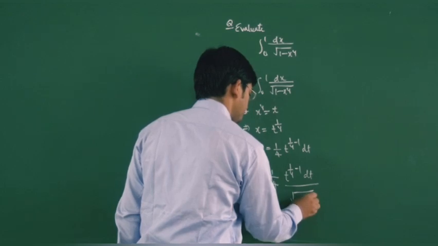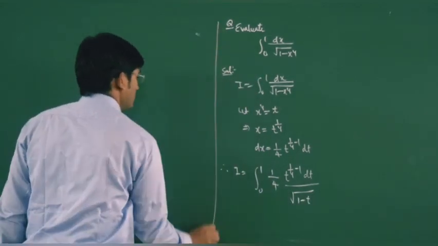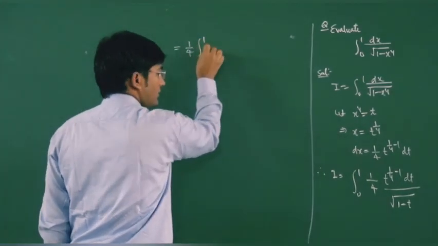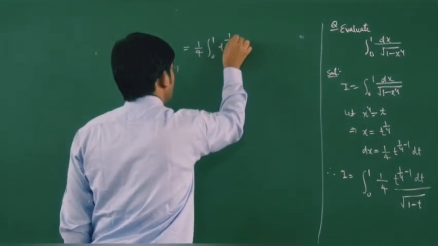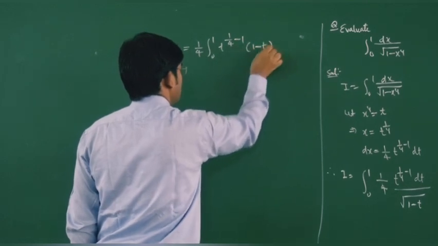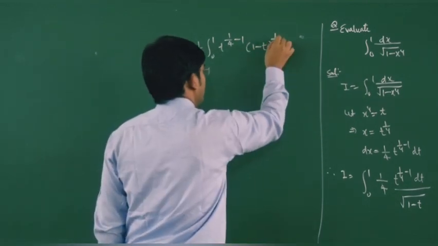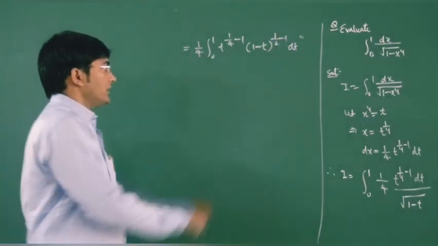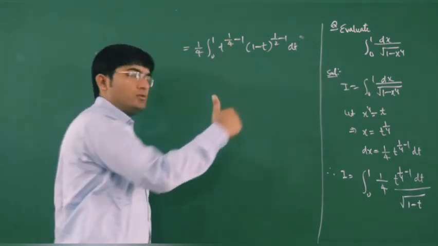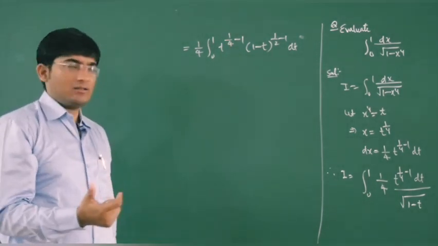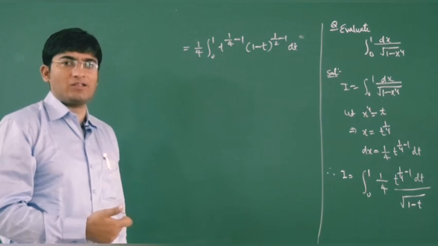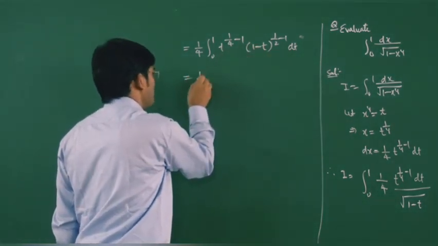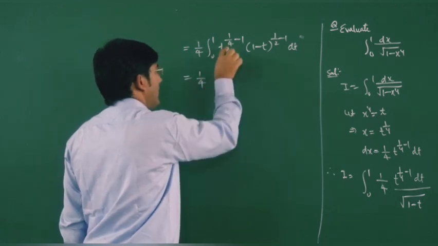under root 1 minus t. So this is equal to 1 by 4, then integral 0 to 1, then we have t power 1 by 4 minus 1. Now here we will have 1 minus t power minus half, and that can be written like this. Now this is t power m minus 1 into 1 minus t power n minus 1, and this is beta m, n.